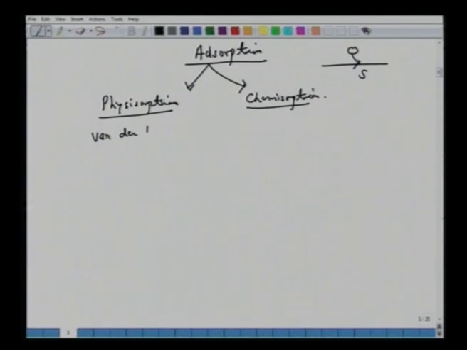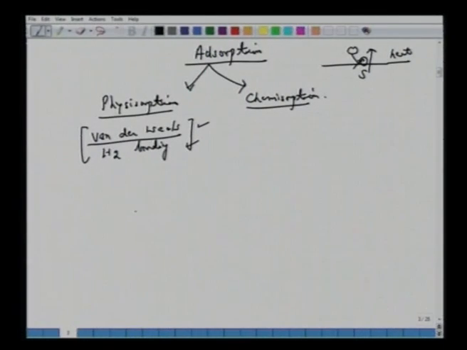You must have come across van der Waals bonds in thermodynamics, or you have hydrogen bonding. These are weak bonds, which means when the molecules are adsorbed here, one can regenerate. If you heat it or reverse the conditions, these molecules can be kicked out, because they were bonded with the surface by van der Waals forces or hydrogen bonding.